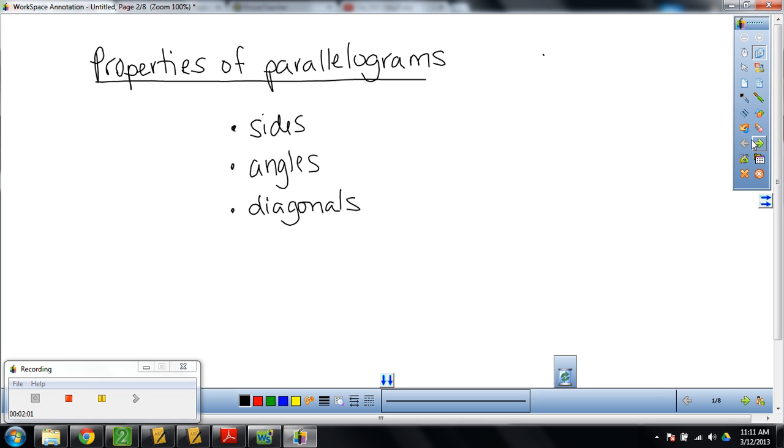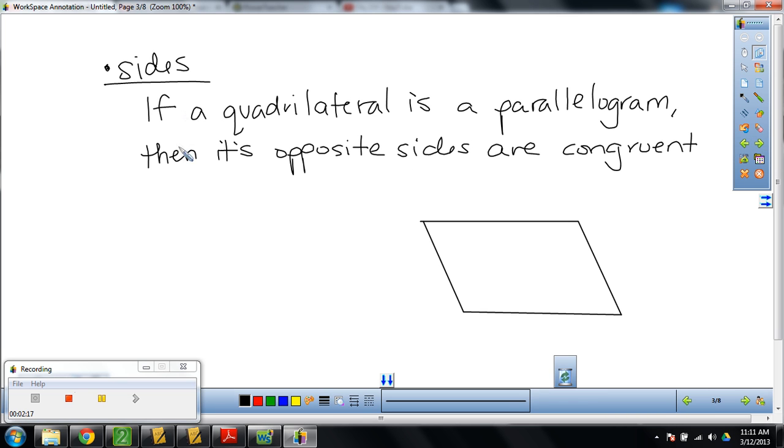So our main focus for this objective is the properties of parallelograms. We have properties of size for our parallelograms, properties of angles for our parallelograms, and properties of diagonals. Properties of the size.